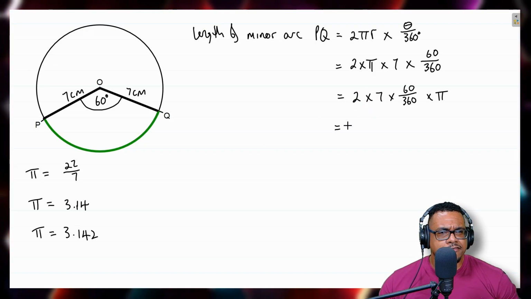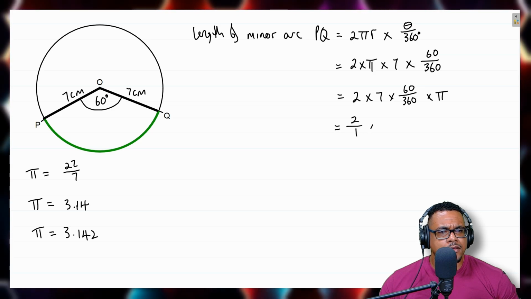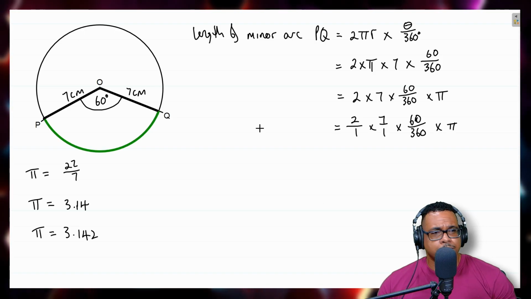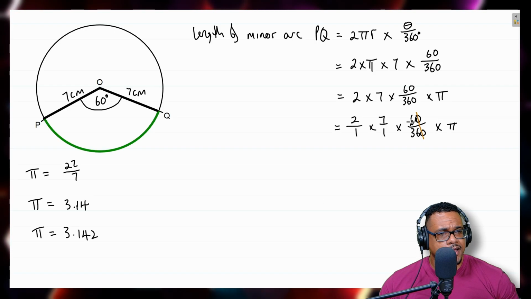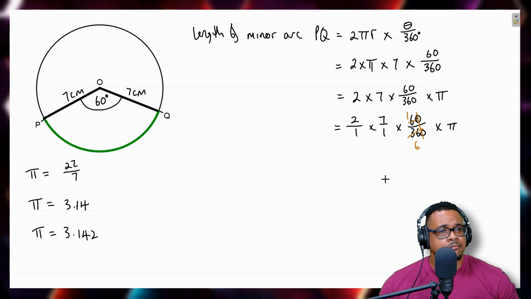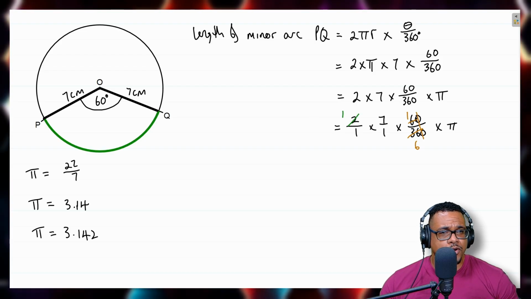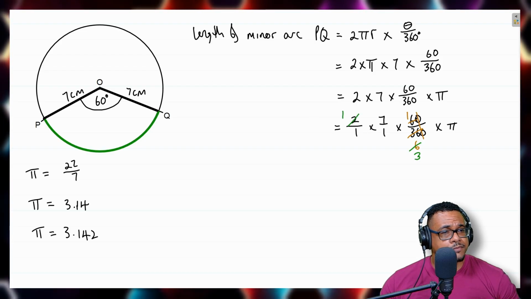So we'll have 2 over 1 by 7 over 1 by 60 over 360 by pi. All right, so by now we should know these zeros cancel, and then 6 and 6, 1, and 6 and 36 is 6. The 2 and the 6 will cancel. So we have 2 into 2, 1, and 2 into 6 is 3.